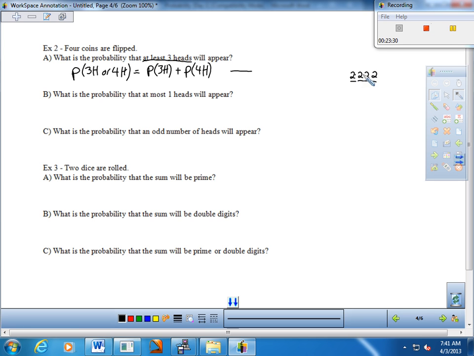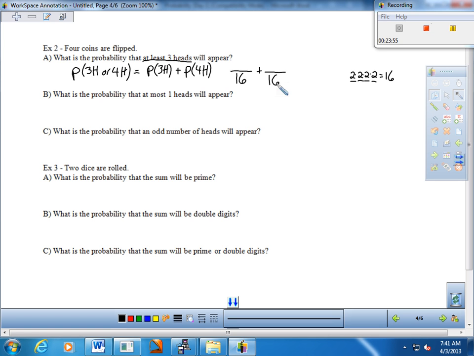I am hoping you would agree with me that when 4 coins go up in the air, there are really 2 times 2 times 2 times 2 possibilities. And so your total possible outcomes would be 16. So I know that the denominator is going to be 16. Let's get that in place.